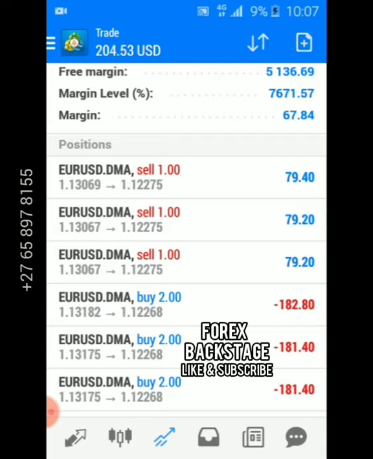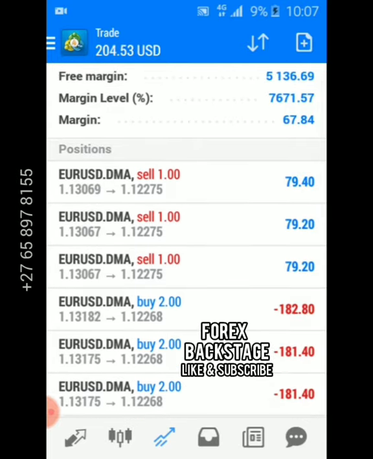So when they went up, they reached a certain level where they activated the other trades, which were at a lot size of 2. So these trades at the lot size of 2, buy 2 Euro USD, were meant to protect the loss that was already being accumulated at the first 3 trades at the lot size of 1.00.